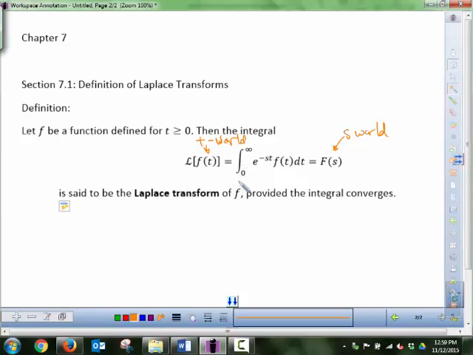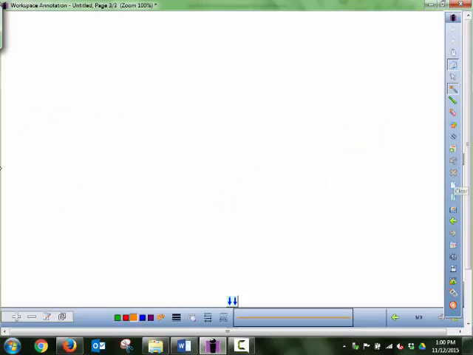All right, you got this transformation memorized now? Integral from 0 to infinity of e to the negative s times t times f, the function that you're transforming, f of t dt. Okay, let's take a look at how we're going to transform things.